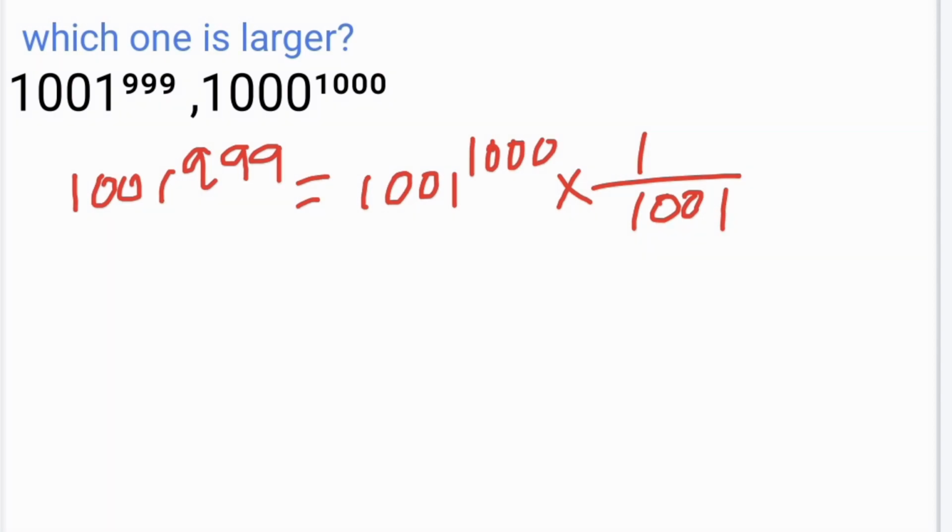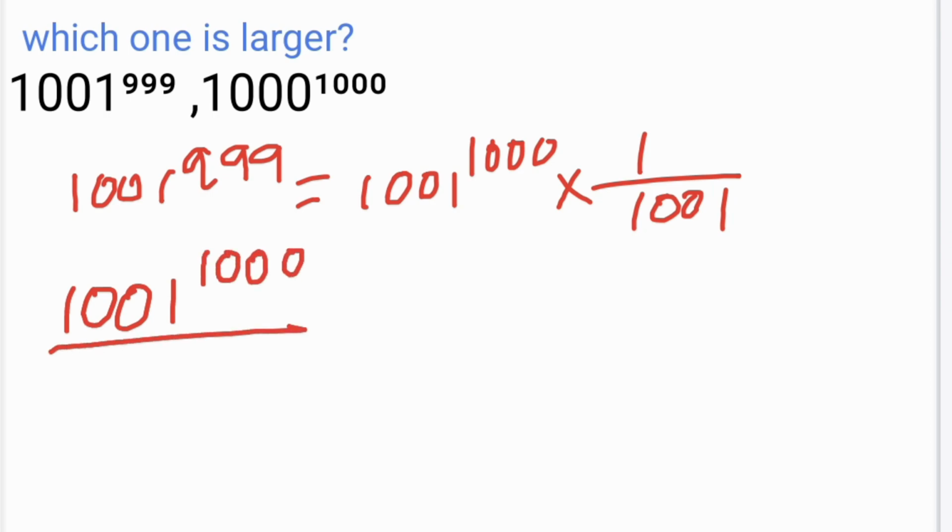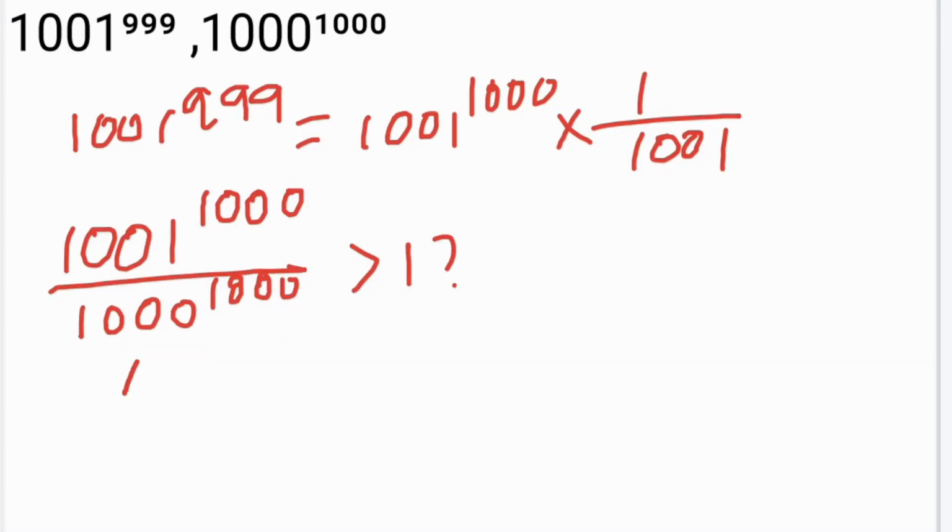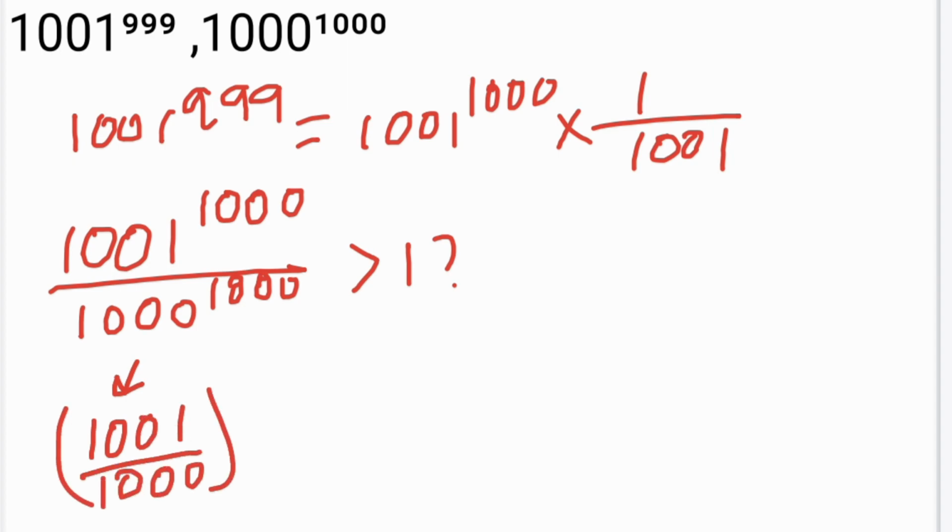Now notice, if we divide 1001 raised to the power 1000 by 1000 raised to the power 1000, the result should be greater than 1, right? So let's divide it. So 1001 raised to the power 1000 over 1000 raised to the power 1000 equals, as their exponent is same, so we can write (1001 over 1000) whole raised to the power 1000, right?